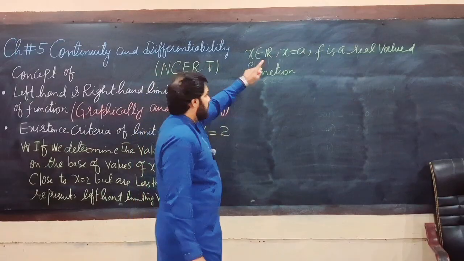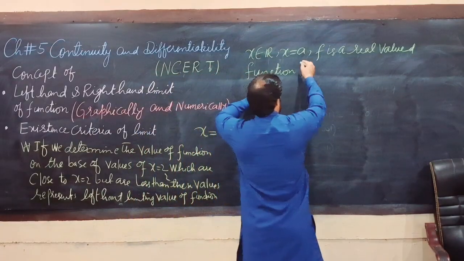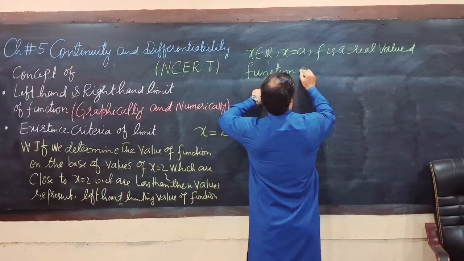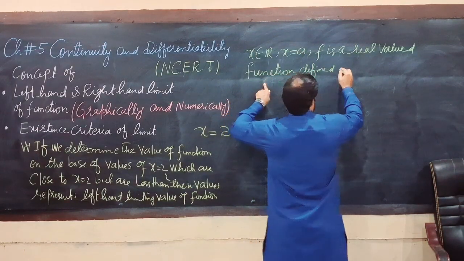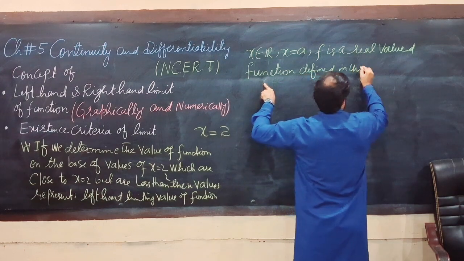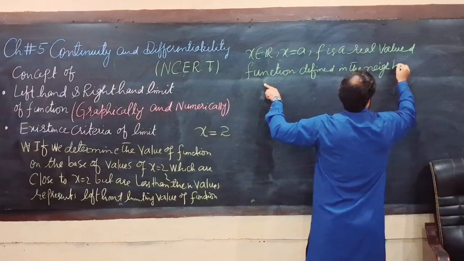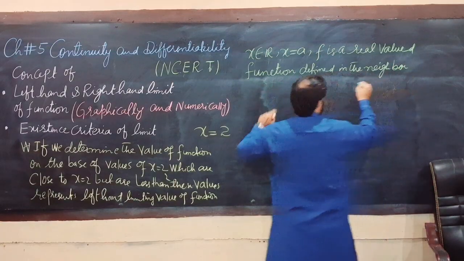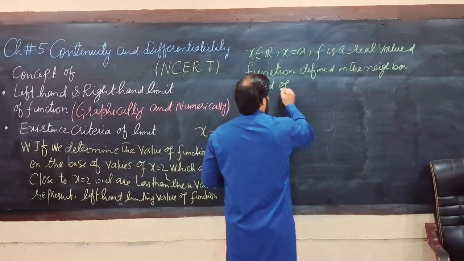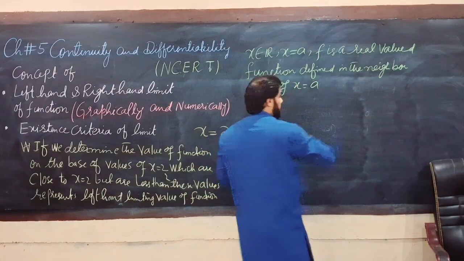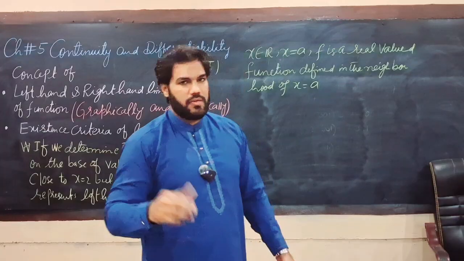Suppose x is any real number a and f is a real valued function defined in the neighborhood of x equal to a. Neighborhood of x equal to a means those values which are very nearly close to a, either from left or right.